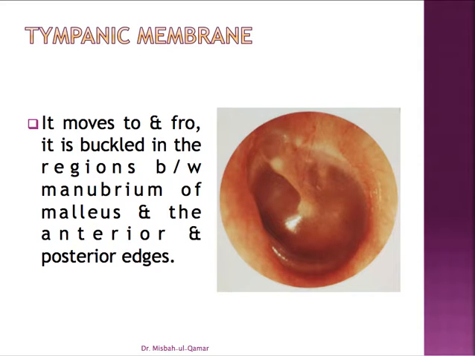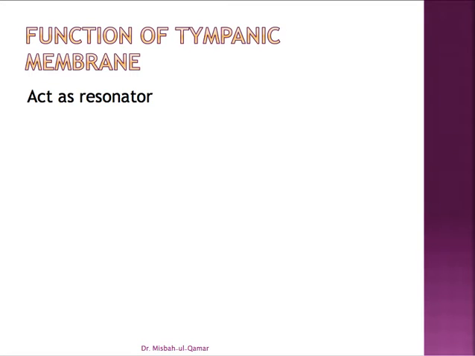What is the role of the tympanic membrane? So your tympanic membrane acts as a resonator. What does it mean? It means that it vibrates in response to sound waves.